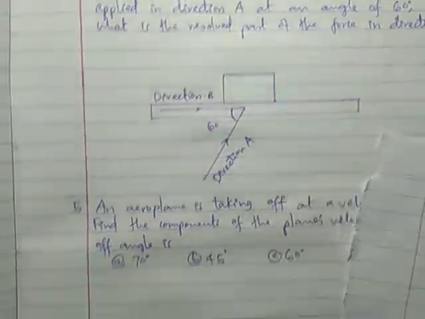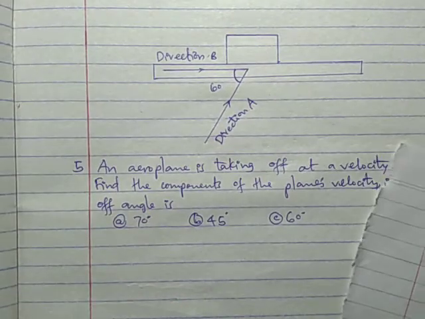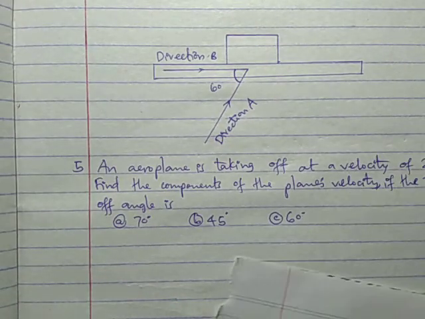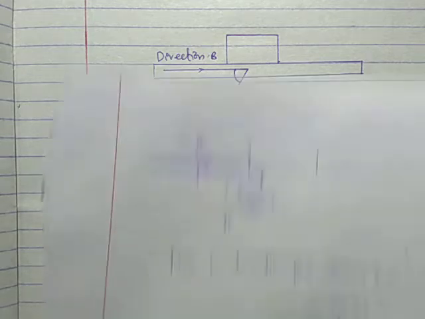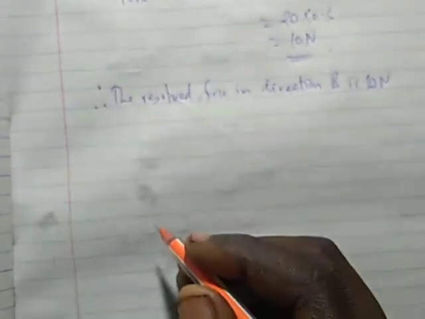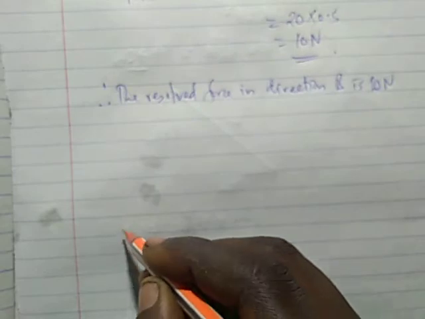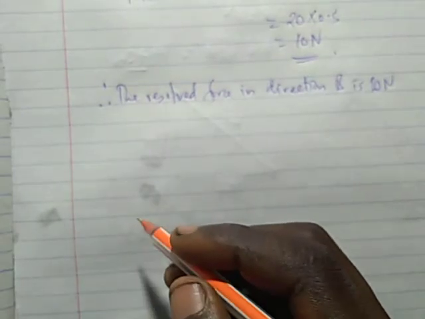From there, number 5, which is the last numerical question in this part, tumeuliza kwamba an aeroplane is taking off at a velocity of 20 meters per second. Find the components of the plane's velocity if it takes off at an angle theta. For this case, simply ni kwamba aeroplane ilikuwa inaondoka.